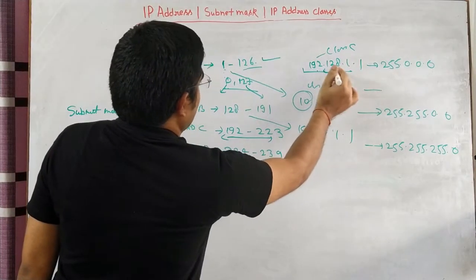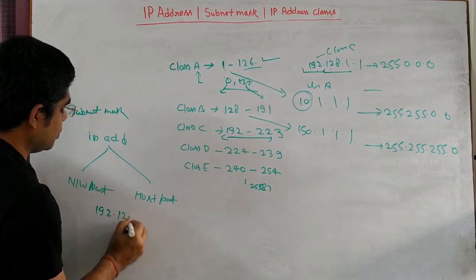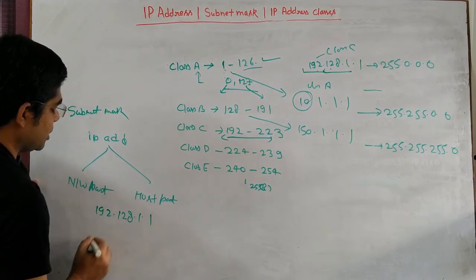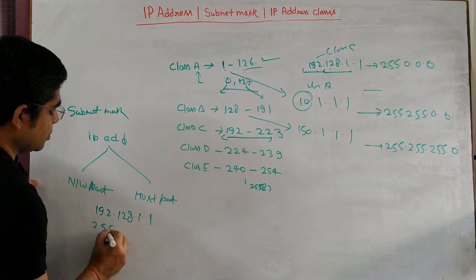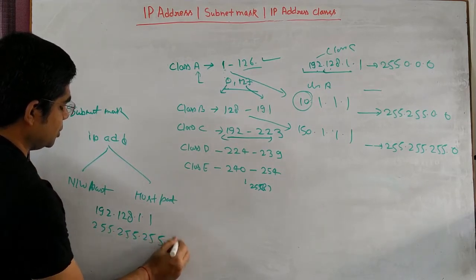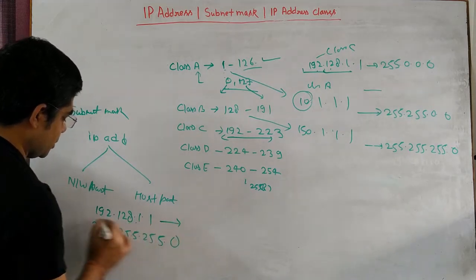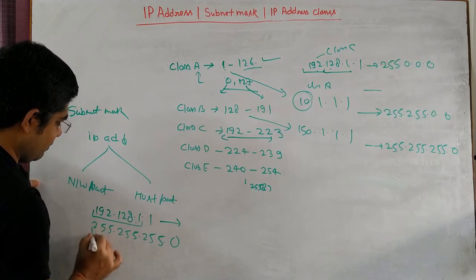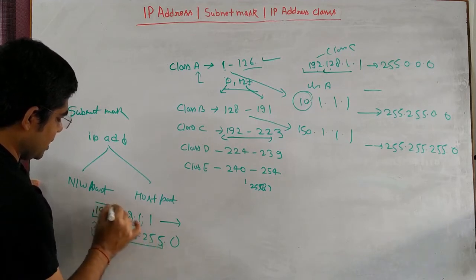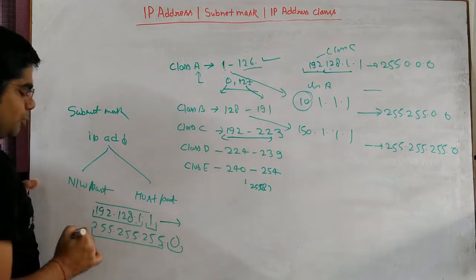Suppose we take the example of class C. The class C IP address is 192.128.1.1, so its subnet mask will be 255.255.255.0. What does it do? It divides this into two portions. Where it is 255.255.255, that will be the network portion, and where the 0 is, that is the host portion.